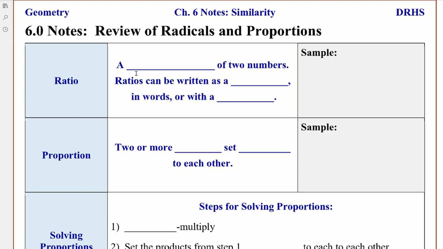First of all is a ratio. A ratio is a relationship of two numbers. And a ratio can be written as a fraction. It can be written in words, or it can be written with a colon, okay?